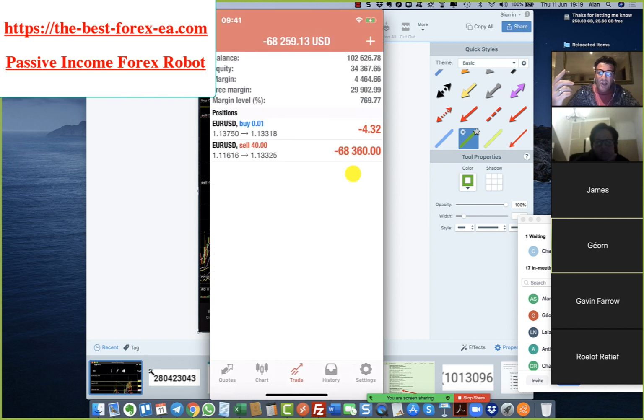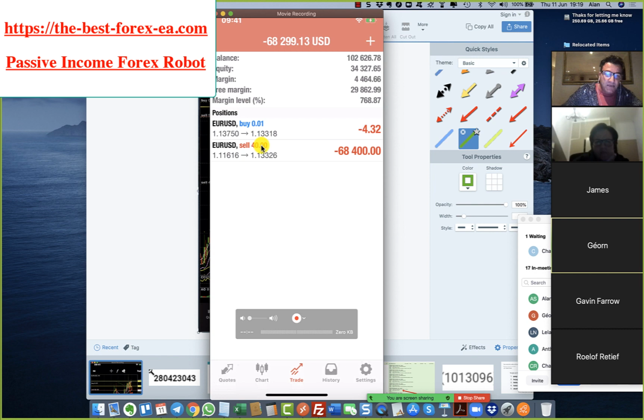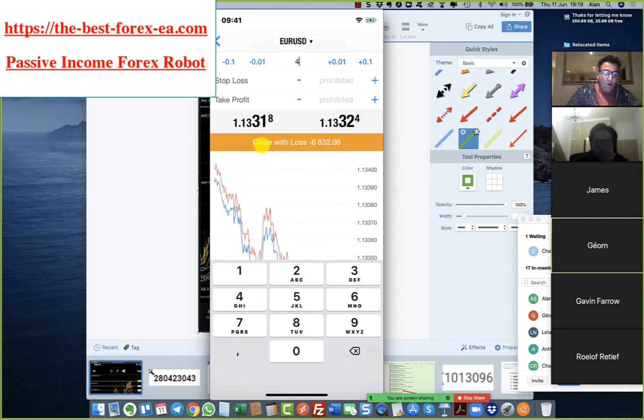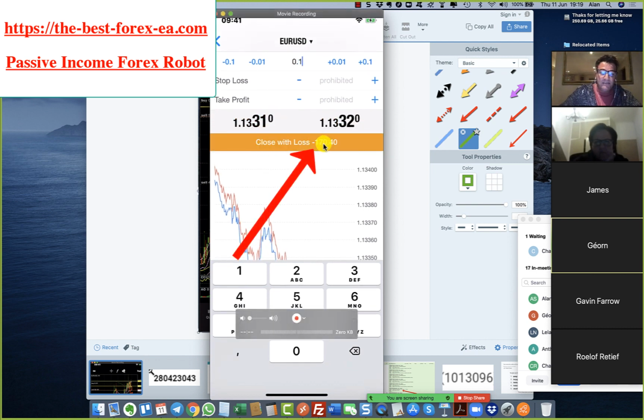Now what you're going to do is reduce this hedge over here and this hedge over here. So let's say this hedge is 40 and this hedge is 40. You're going to say, okay, let's reduce the hedge by, and the profits there you can see 0.1 is $1.70.